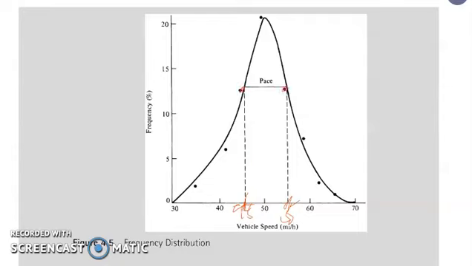Actually, this is based on the frequency, 11 to 11. So this will be our pace, from 45 to 55 miles per hour. It has a 10-mile interval with the greatest observed values.